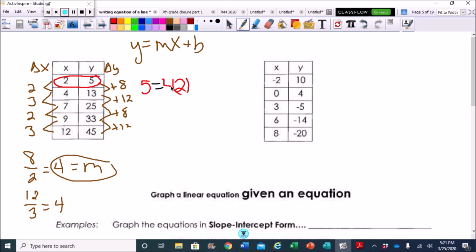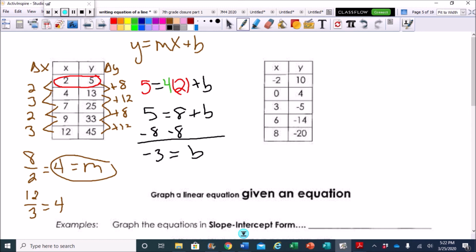My m is 4, and I need to solve for my b. So I have 5 equals 4 times 2 plus b. So that's 5 equals 8 plus b. Solve for b. So I'm going to subtract 8 from each side to get negative 3 equals b. So now my equation is y equals 4x minus 3.